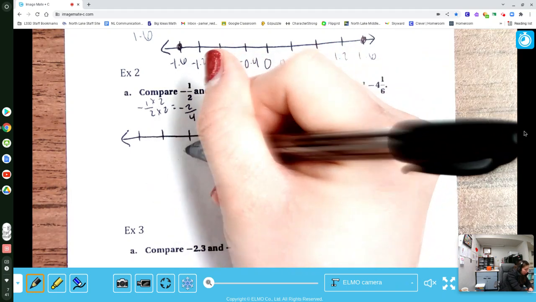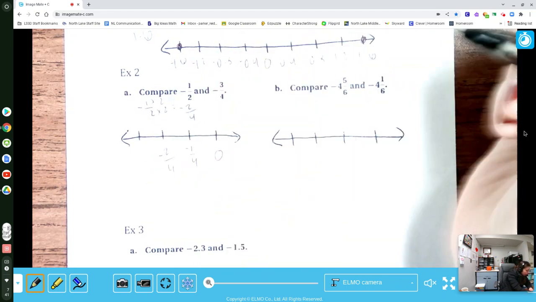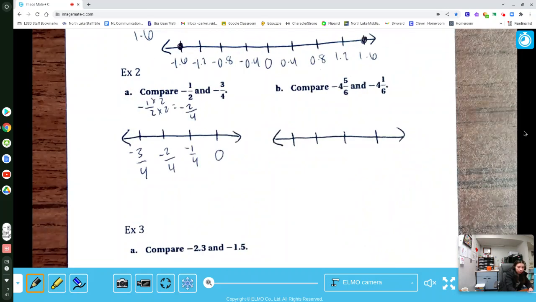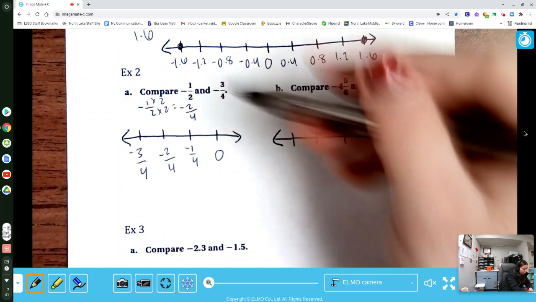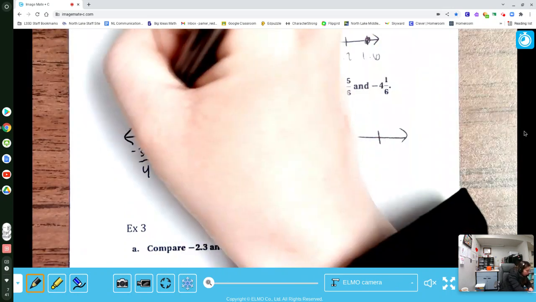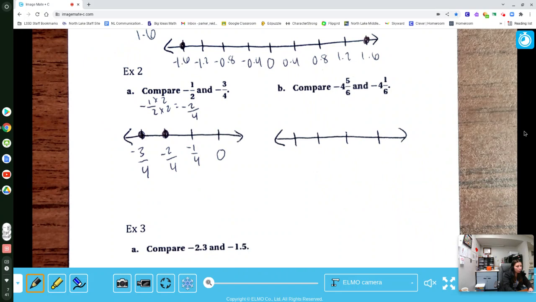So I'm going to count by 1/4: -1/4, -2/4, right? -1/2, same thing, and -3/4. And now I can plot my numbers. First I have -1/2 or -2/4, and then I have -3/4. Now we're deciding which of these is greater.